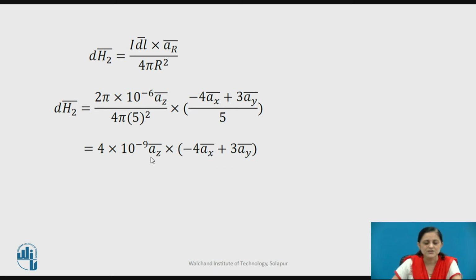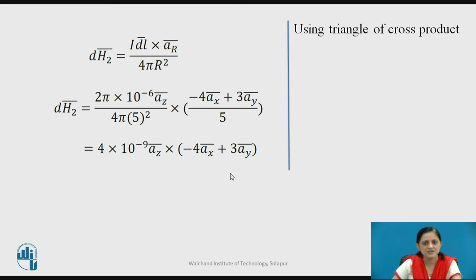So here you can take the cross product of these unit vectors. So let us check the cross product of these unit vectors by having the triangle of cross product. So you know the unit vectors a bar x, a bar y and a bar z. So you can go through the anti-clockwise direction.